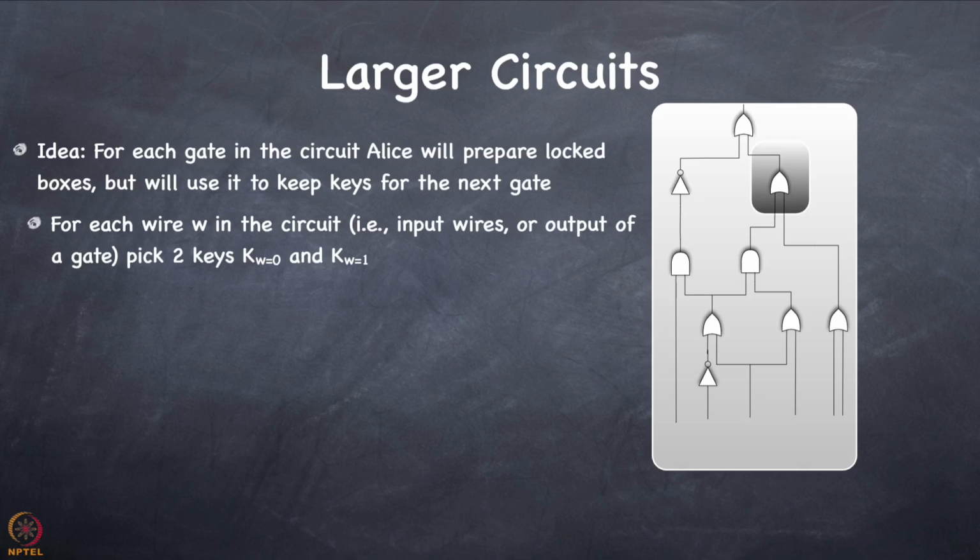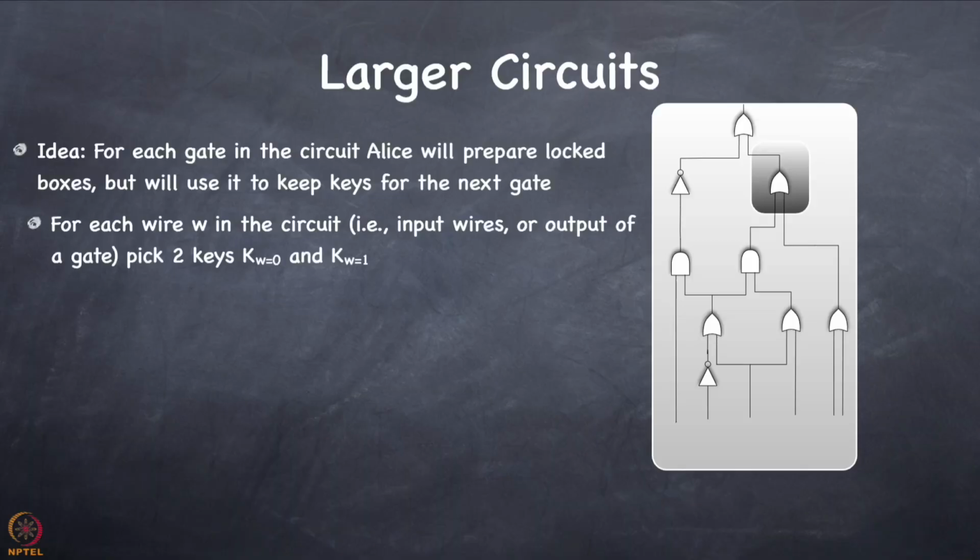In the previous case, when there was only one gate, there were only 2 wires, X and Y, the 2 input wires. Now, there are many wires in the circuit. For each of them, there will be 2 keys corresponding to W equal to 0 and W equal to 1. So here are all the keys that are relevant to that gate. And they come in different colors now.